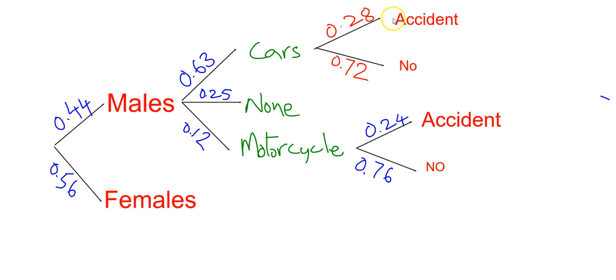And out of the car owners, 28% involved in accidents, and 0.72 or 72% are not involved in car accidents, etc. Now, if you want to find the probability of a male student involving in a car accident, what do you do? I'm looking for a probability of a male student in a car accident.